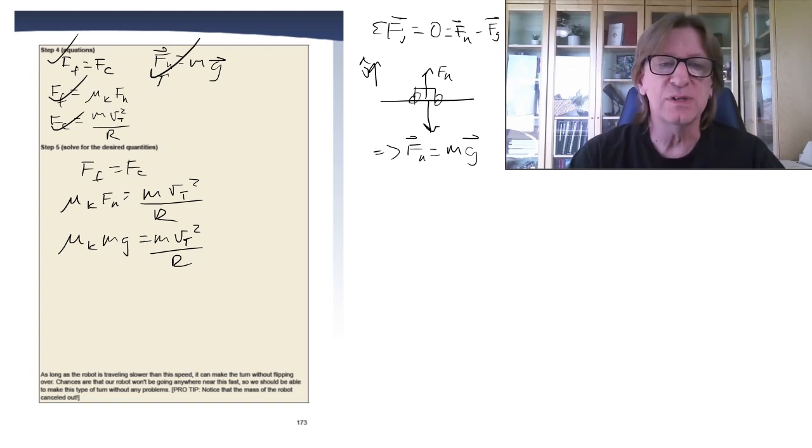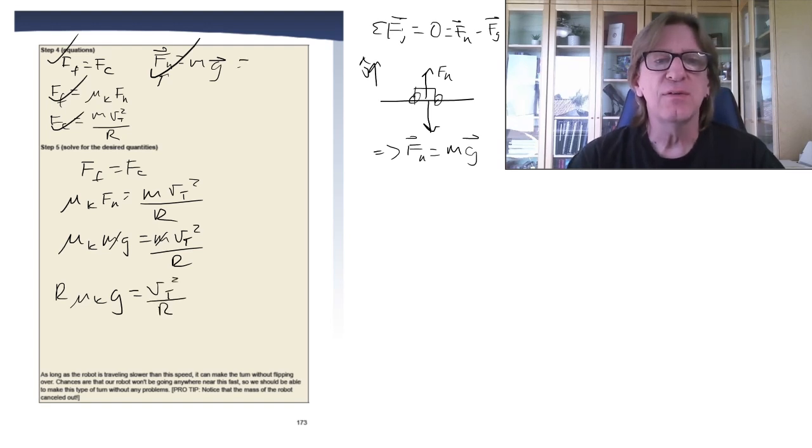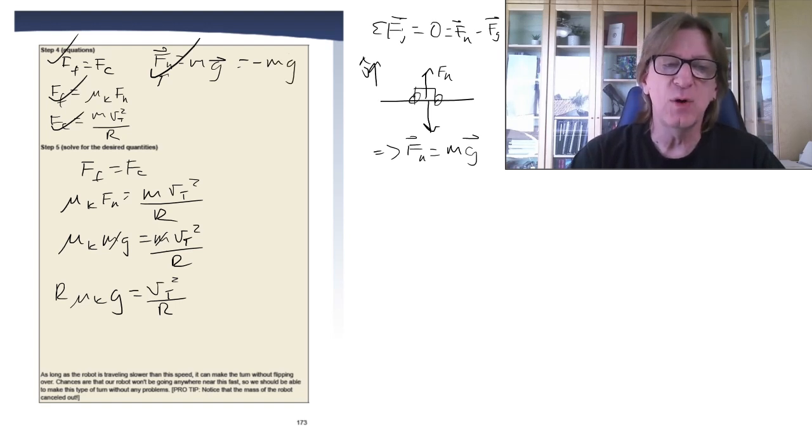So we want to solve for our vt, so I'm going to multiply both sides by r, and so I get r μk. Now look at this, my m's actually cancel. So μk g is equal to vt squared over r. Notice that this g now, F_normal is equal to minus mg, so it's this scalar magnitude here. However, because I'm only going to be working with scalars in this equation, I can't have any positive or negative signs.